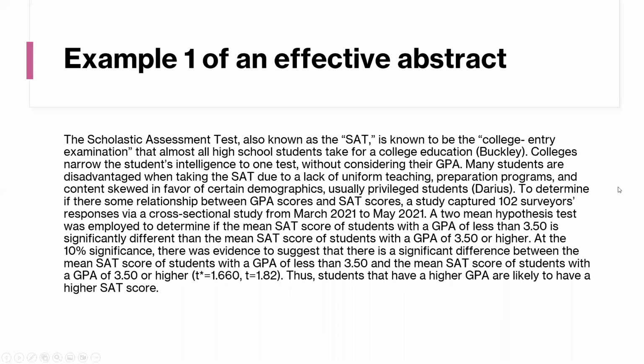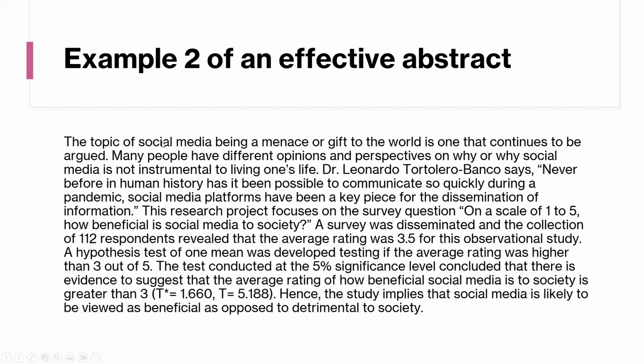A second example of an effective abstract. This is one where the student determined whether or not social media was beneficial or detrimental to society, right? And so they talked about some research that's been given an overview, right? And then midway through, they talked about a survey question and different types of things on the survey: 112 responses, average rating of 3.5.